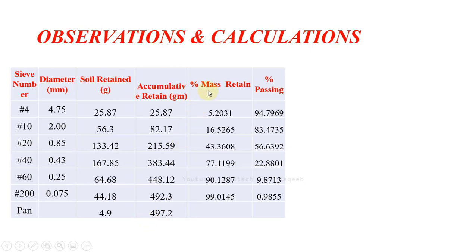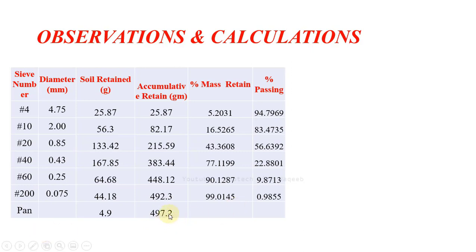So the next step is to obtain the percentage mass retained. Here one important point is that to obtain the percentage, you will divide 25.87 by this amount, not the original amount you took to perform the test.